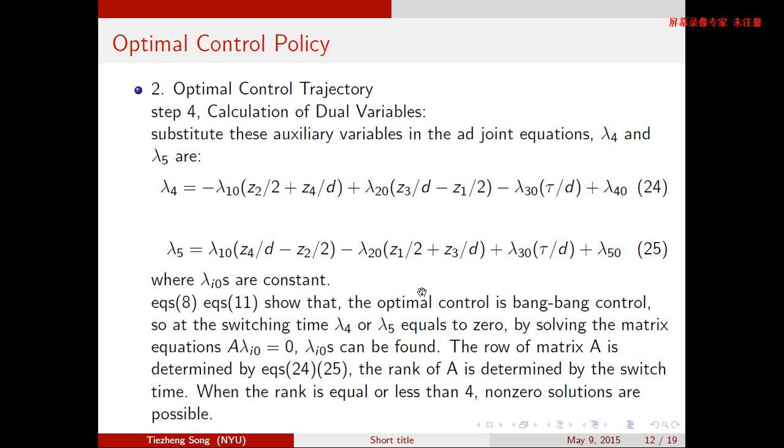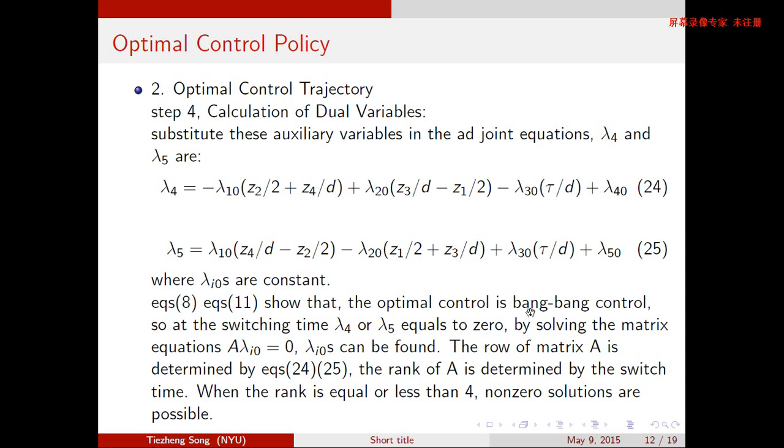Following this idea, we can have a bunch of different equations at different switching times. Then we can have this relationship, which is A lambda_i0 equals 0. Lambda_i0 are the initial conditions for the dual variables. The rows of matrix A are determined by these two equations.